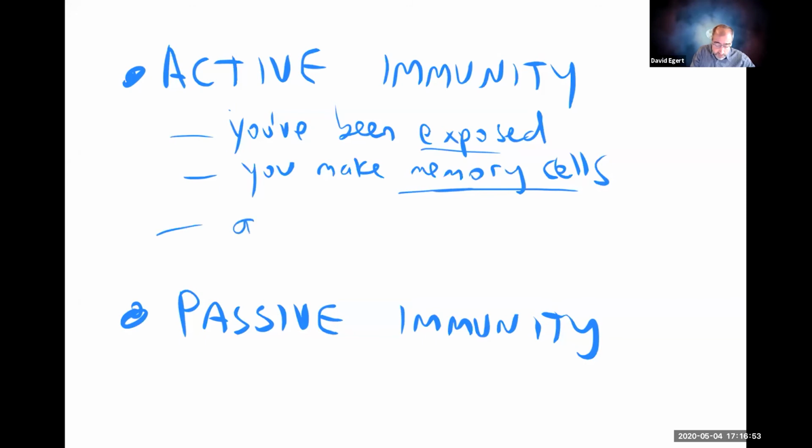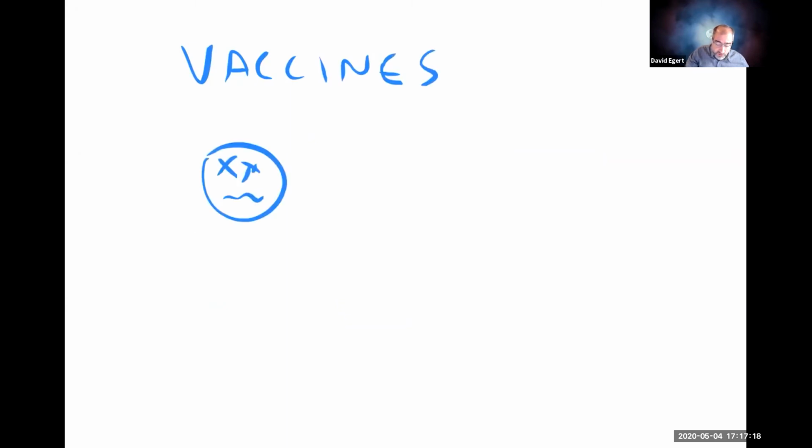This is also how vaccines work. Rather than exposing the person to the pathogenic version of the thing, you give them an inactive one. There's a bunch of different kinds of vaccines. Vaccines could use a killed version of the virus, so that it can't actually replicate.